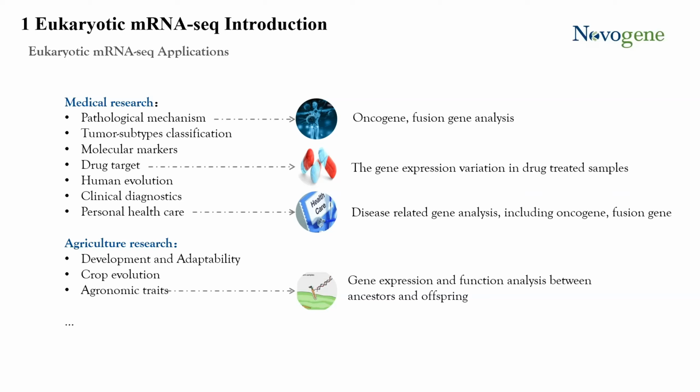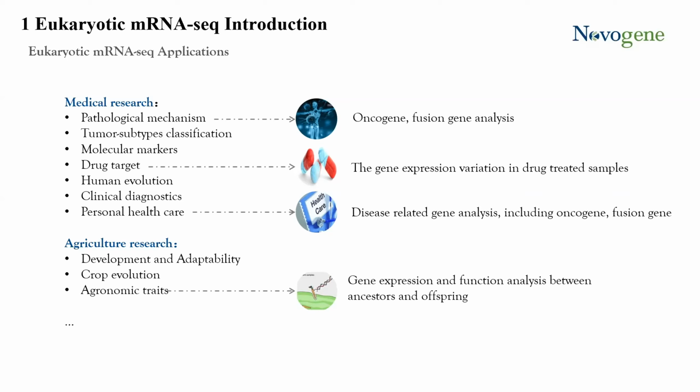And also it can discover single nucleotide polymorphism, that is SNP, which can be used as a strong molecular marker in genetic disease and breeding studies. And also in drug target studies, mRNA-seq can differentiate the gene expression pattern in a drug-treated sample versus an untreated sample. And in evolutionary study, clinical diagnostics, and disease-related gene analysis, in all these cases, mRNA-seq is a very valuable study tool.